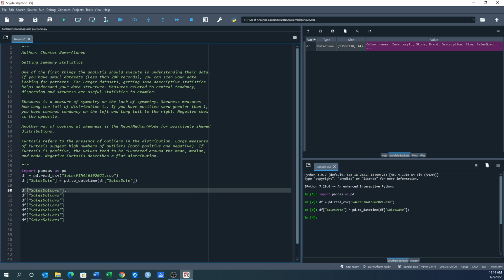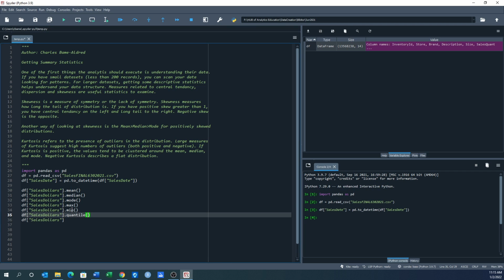The first one I want to do is the mean, so it's .mean of the function, just like that. Here I want .median, and .mode. How about the max, .max? How about the minimum, .min? Maybe I want the second and third quartile, so how about we look at .quantile?